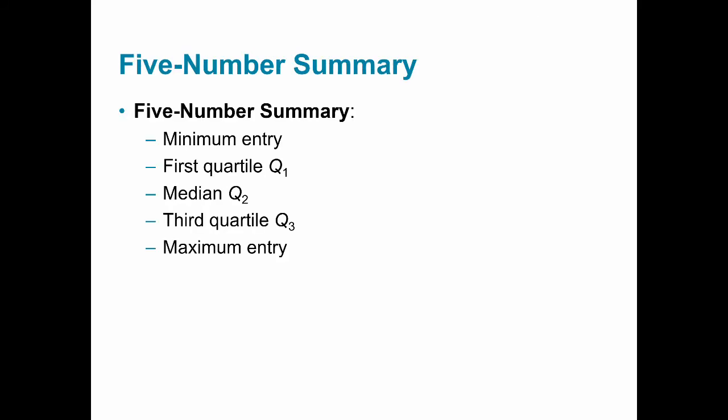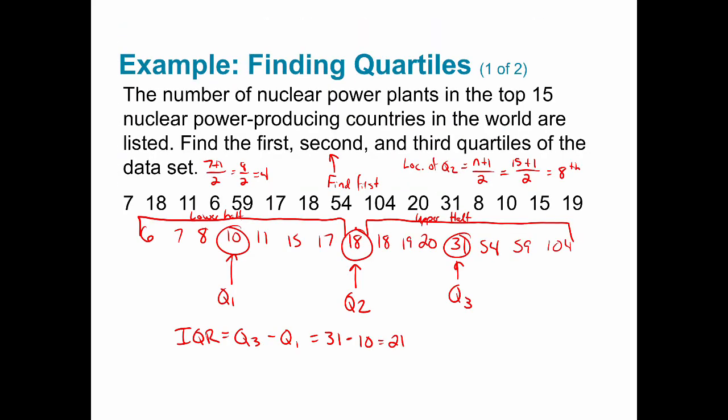So we can put all of this together and we can get a 5-number summary for our data set. So this 5-number summary is simply the minimum, the first quartile, the median, the third quartile, and then the maximum. So if we go back to the same data set again, we take those 3 quartiles and combine them with our minimum and our maximum to get our 5-number summary.